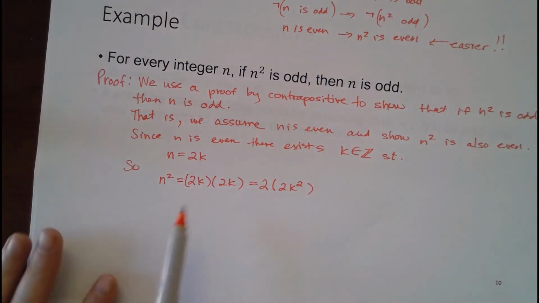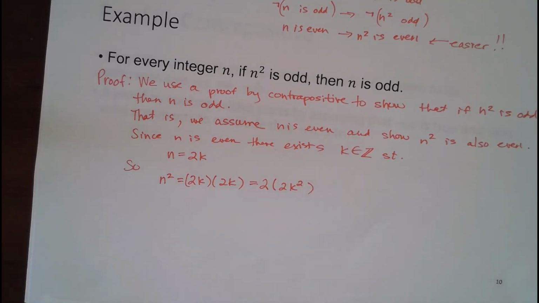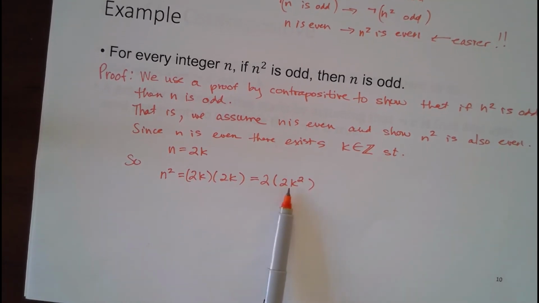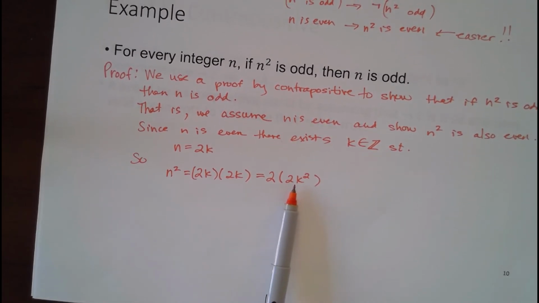So I've taken n squared, and if I show that I've written it as 2 times some integer, I'm good. So what's the only thing left to do? n squared needs to be 2 times some integer. So, n squared is 2 times 2k squared. Do I know that's an integer? Could I make an argument that it's an integer?